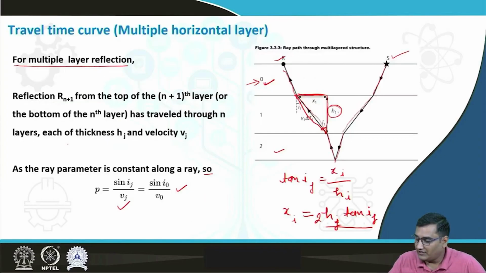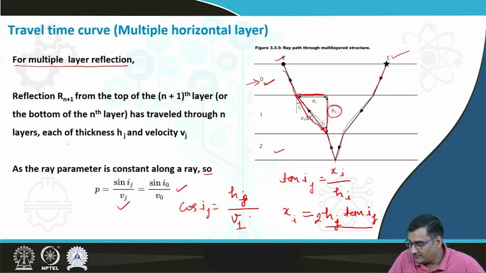And if you look at this diagram again, then cos ij will be equal to hj divided by vj delta tj.